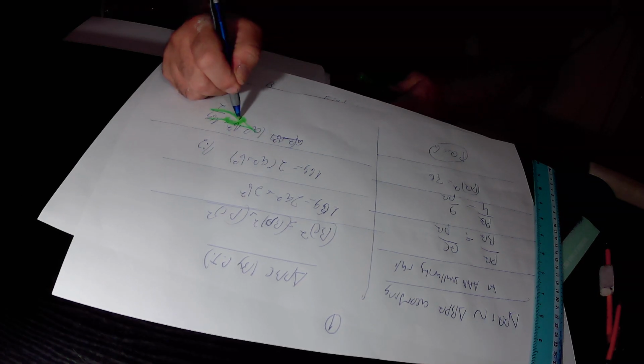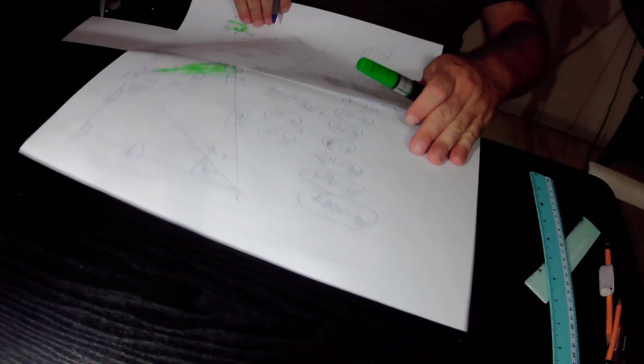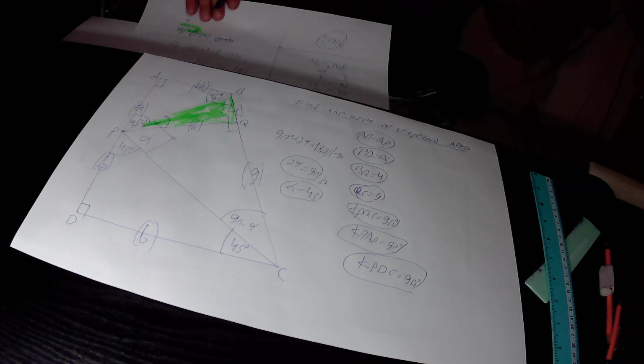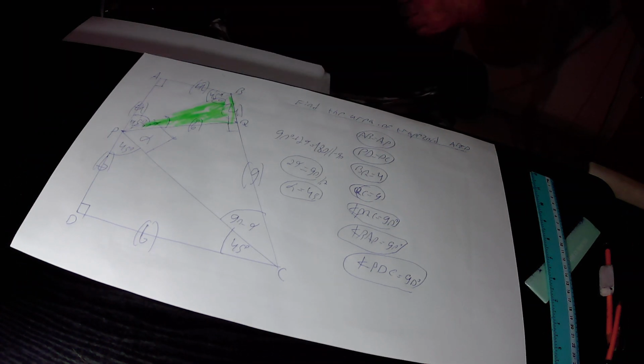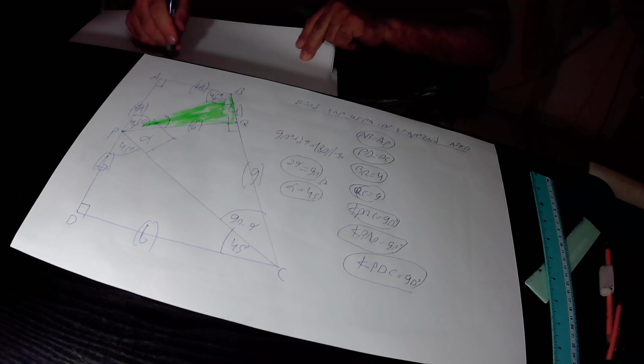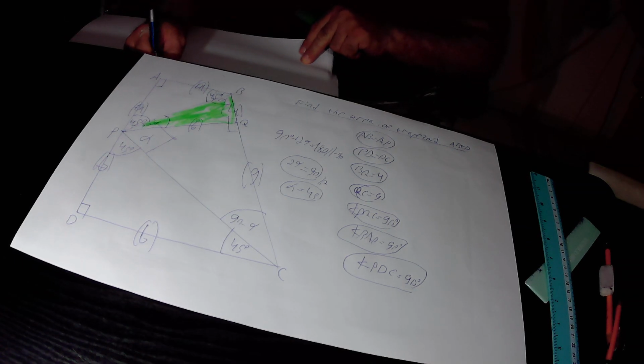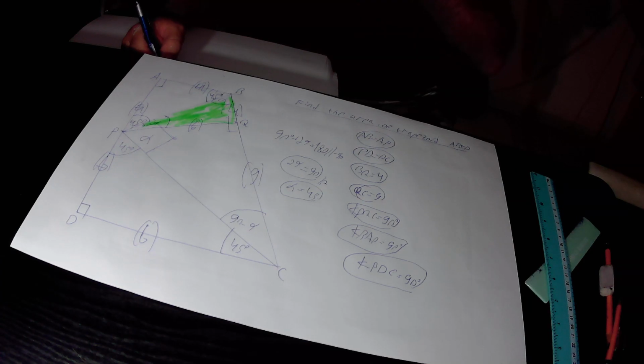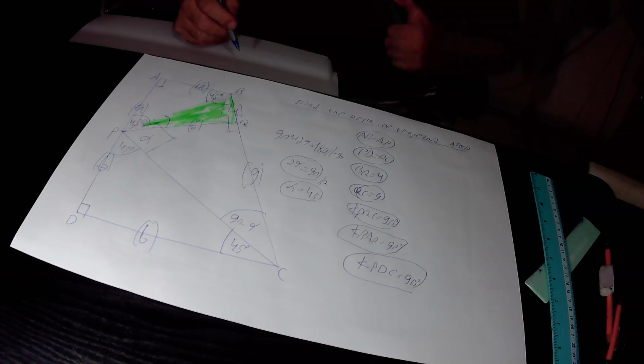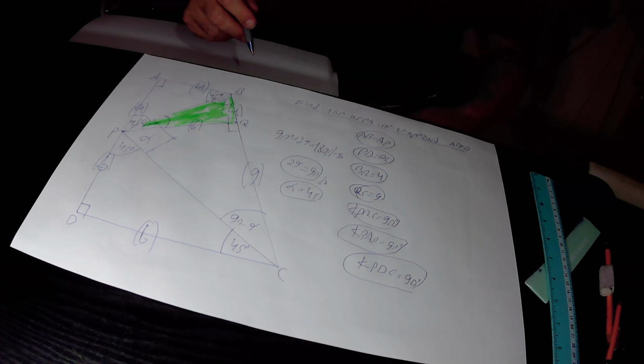Our mission, our task, is to find out the area of this trapezoid ABCD. Trapezoid ABCD consists of 3 components.